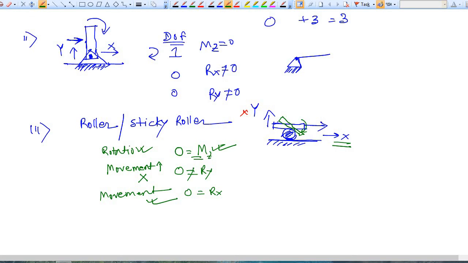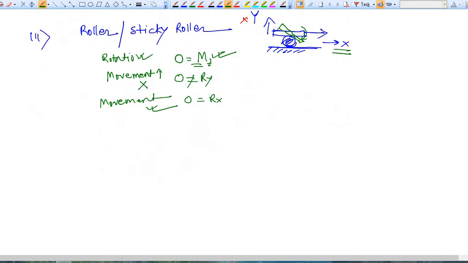Okay, so now you have learned what degree of freedom is and what the support system is. Simply, when supports are not provided in any structural object, it has some degree of freedom.